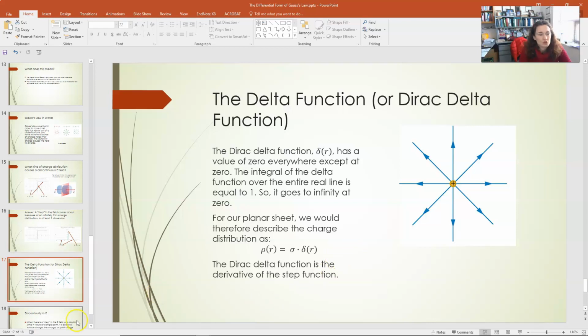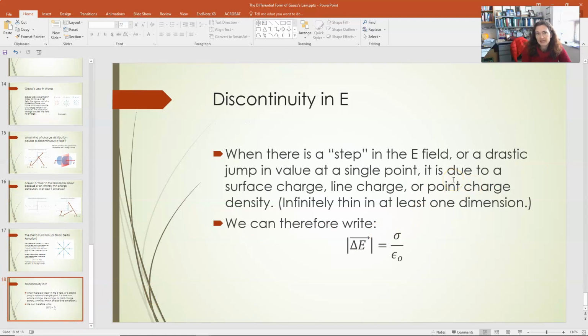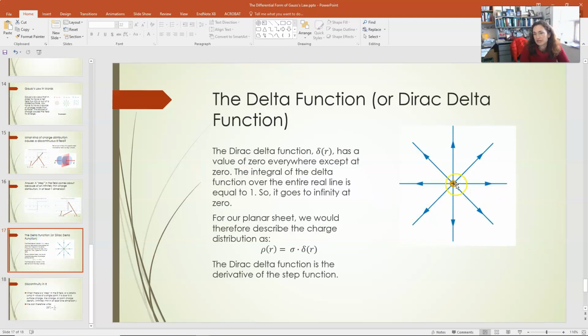Now, you would get this discontinuity in E anytime you have a big step or a jump of a huge value at a single point of your electric field, okay? So that might happen at the infinite plane of charge, like we talked about, but it also might happen if you're walking from left to right over a point charge, like is shown here, okay?